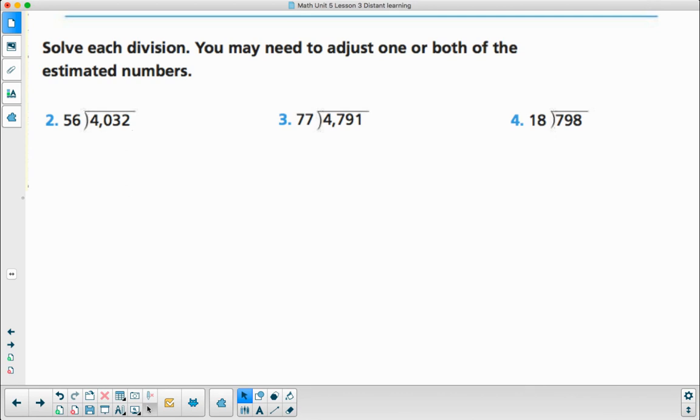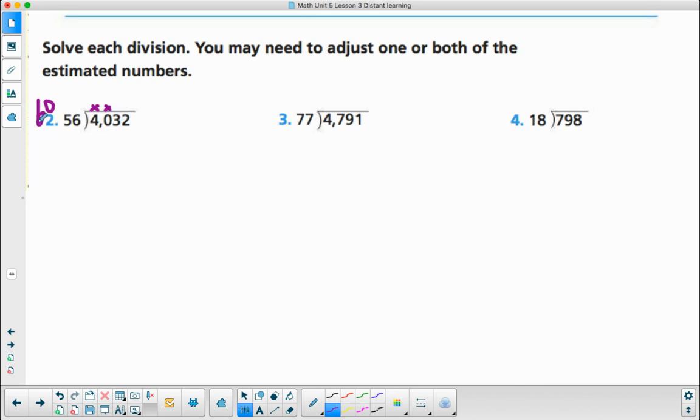All right. So as we take a look at these, obviously I hope you paused and waited. Now I'm going to think of 56 as 60. How many? Okay, 56 does not go into 4, does not go into 40. How many 56s into 403?